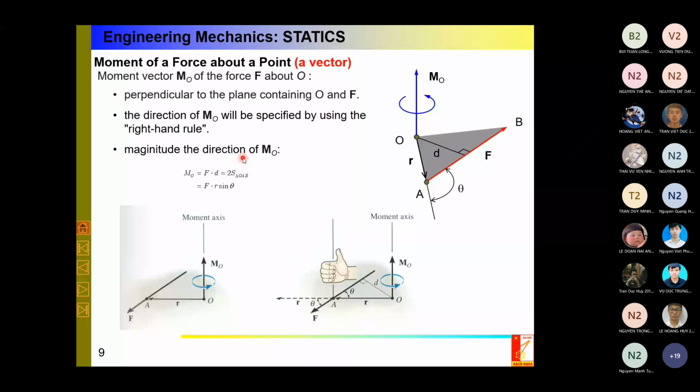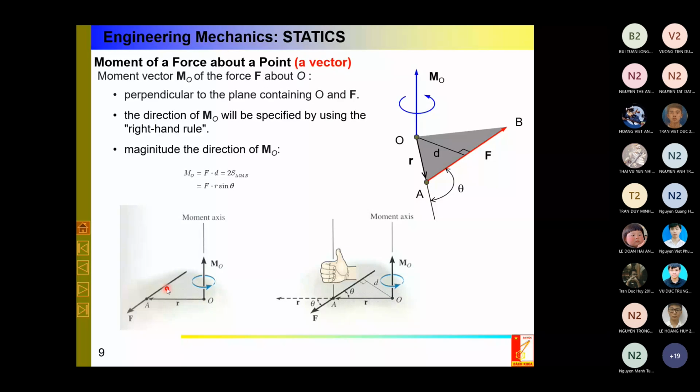So the direction is along this line, and now the magnitude. The magnitude can be specified very easily. In this plane, I measure the distance, so you see that d times F, like the previous one, can be defined by rF sine theta, where theta is the angle of the position vector of any point on the line of application, in this case point A, from point O. I should extend it from the positive direction of vector R to the positive direction of F. Look at this picture: vector R here and vector F here.